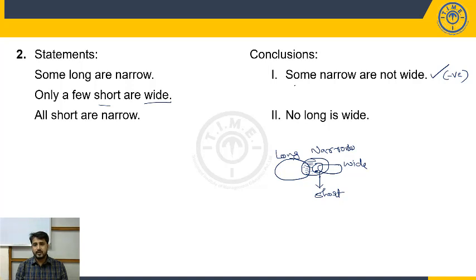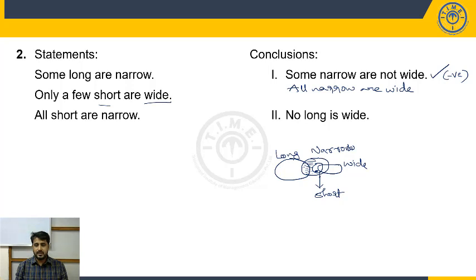What is the complementary pair of these? Some narrow are not wide, all narrow are wide. Let's check it. Can we draw this alternate diagram, all narrow are wide? If we try to draw all narrow within the wide, definitely short will also come inside the wide, because short is within the narrow.